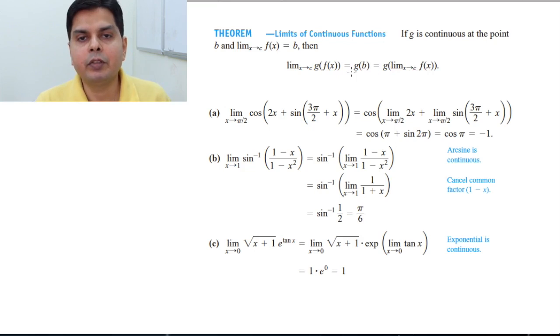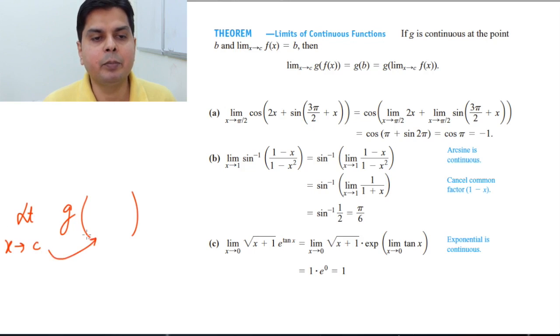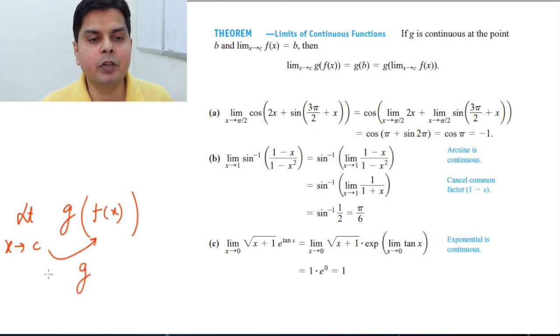In effect, what this theorem says is, if you have a continuous function g and you have to find its limit as x tends to c, and you have something inside the bracket, then you can take the limit inside the bracket because your g is continuous there. So I will just take this limit operation inside the bracket and have g of limit x tends to c of f(x).